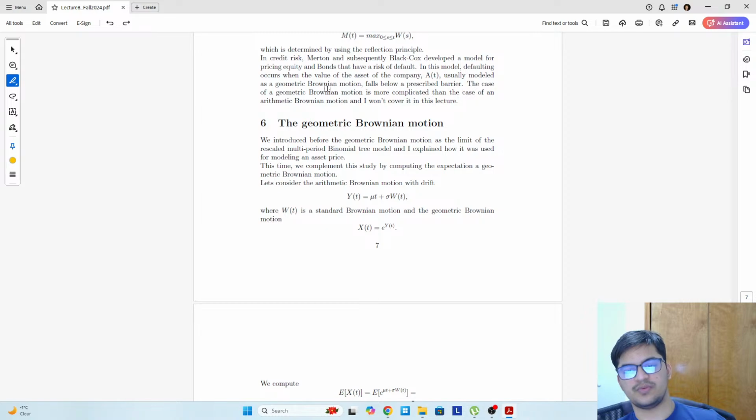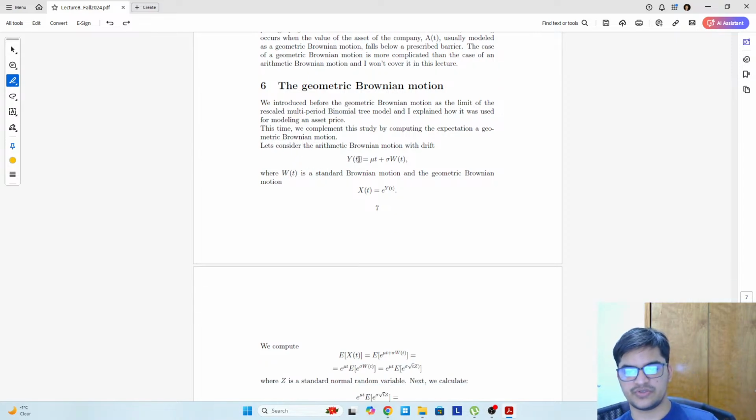We introduced before geometric Brownian motion as the limit of a rescaled multi-period binomial tree model, and I explained how it was used in modeling an asset price. This time we complement the study by computing the expectation of geometric Brownian motion. Let us consider an arithmetic Brownian motion with drift.